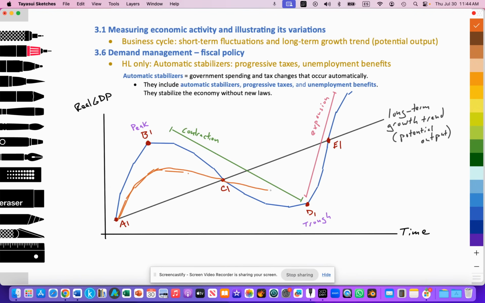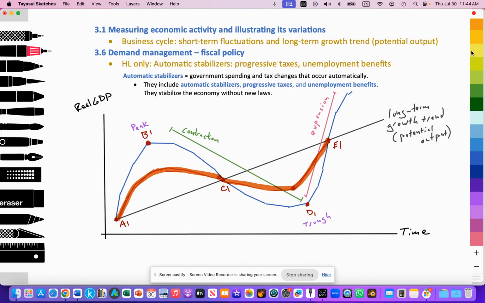And then from C1 to D2 and onwards. Okay. Make this a bit bigger. So here we're going. Okay, so something like that.